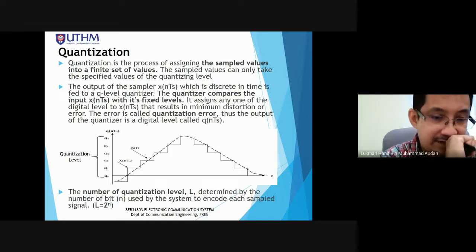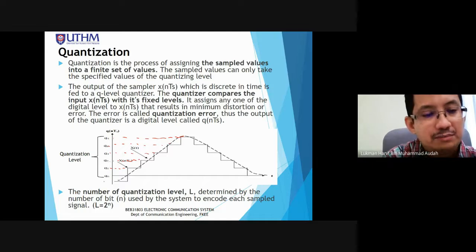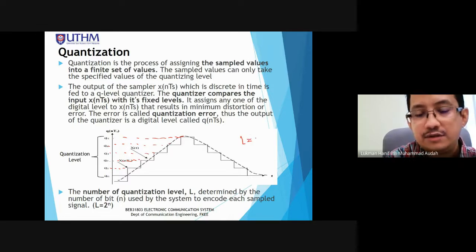Okay, and if you see from here, the quantized level here, Q0, Q2, Q3, Q4, Q5. This one. So the number of level, how many levels should we have? This is defined as L for level is equal to 2 power of n.